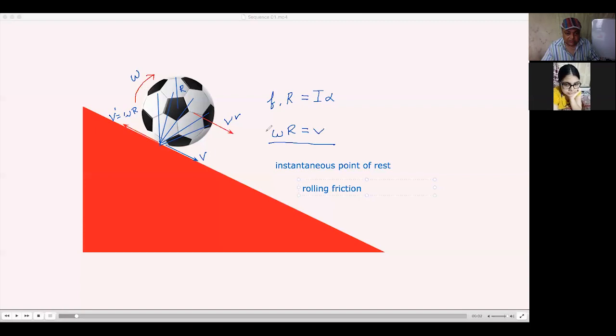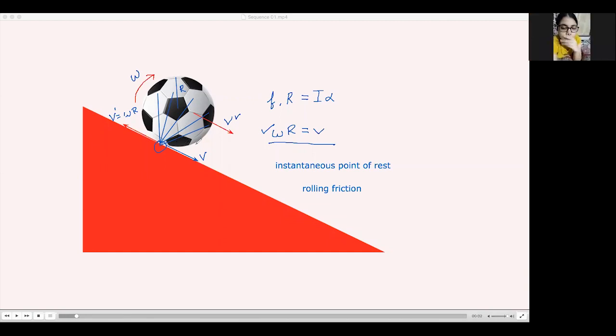At a particular instant, it matches the downward velocity. So this point becomes an instantaneous position of rest, and then in the next instant a new point comes in, and so it rolls along. That is what it is, right? Friction is still operating, possibly because it's going to maintain the torque.